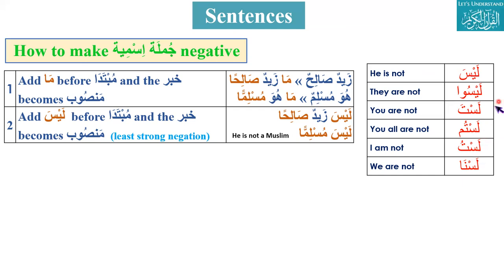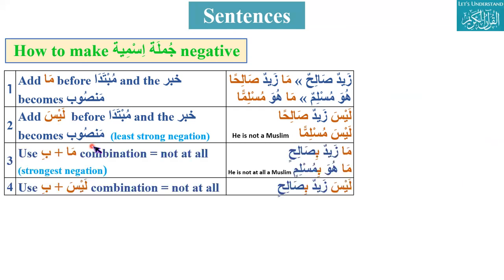So we should not confuse them. There will be a complete list. Whenever we see laysa, we will use it for negation, he is not. So when you add ma or laysa before the mubtada, the khabar becomes mansub. The third and fourth, the ma plus ba combination, is for later.